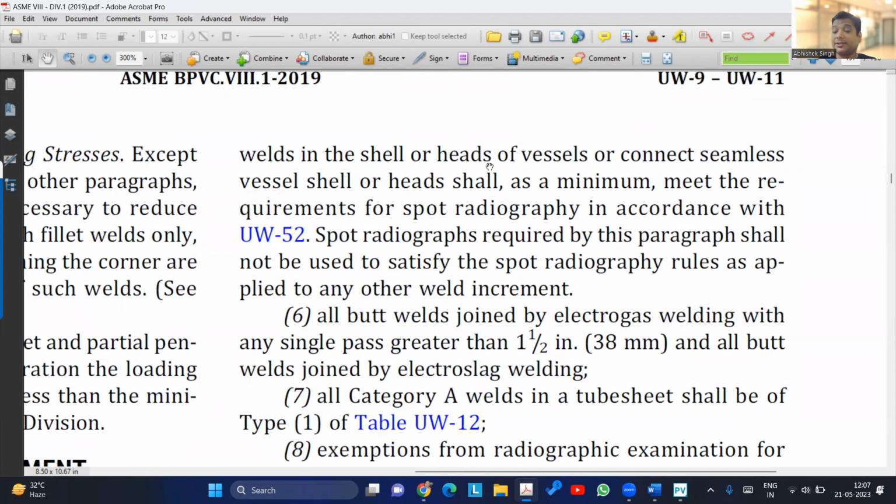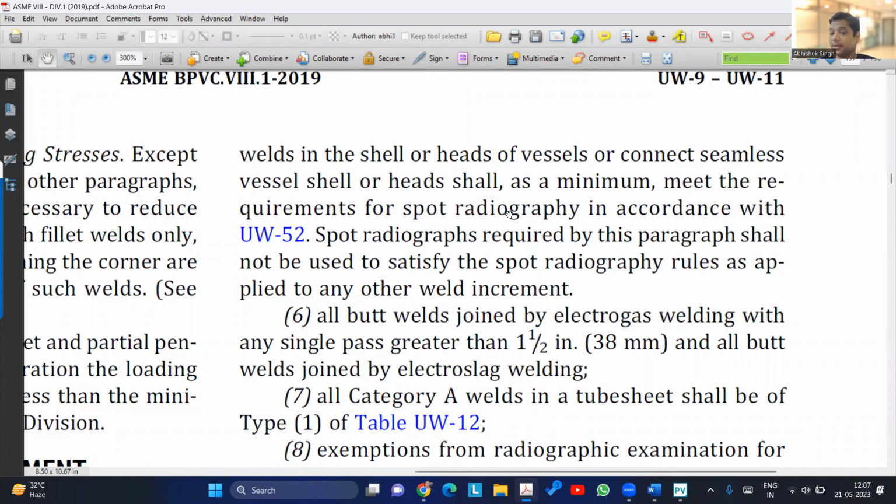Welds in the shell or heads of a vessel, or connecting a seamless vessel shell or head, must as a minimum meet the requirement of spot radiography. So if full radiography is given for a joint, at least your B and C should be done with spot radiography. That is the minimum requirement.